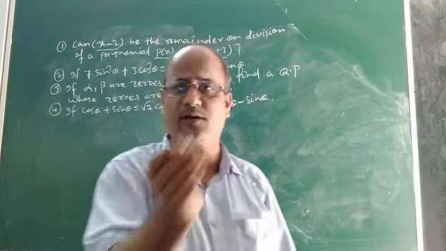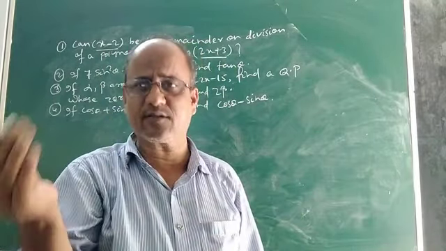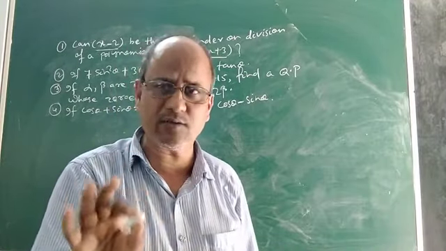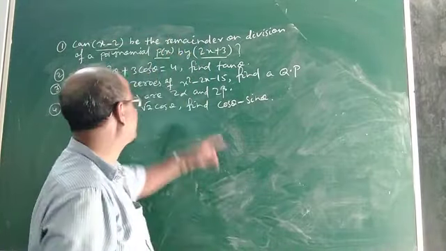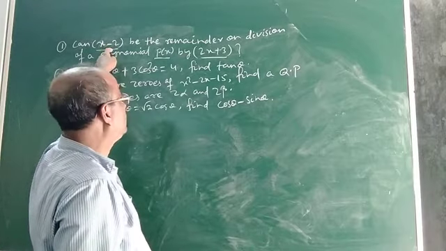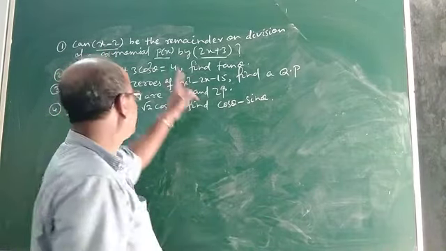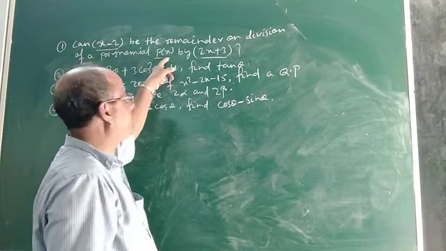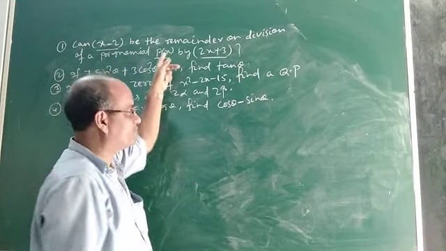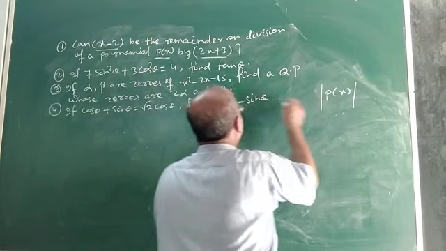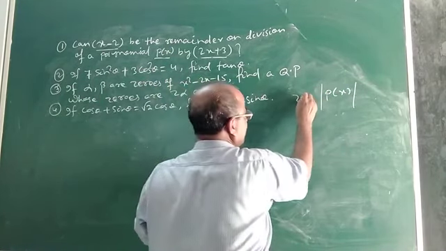When we divide one polynomial by another, we get some quotient and remainder. And what is the formula for the division algorithm? You already know. The question is whether this x minus 2 can be the remainder if a polynomial p of x, that means the dividend, is divided by 2x plus 3.